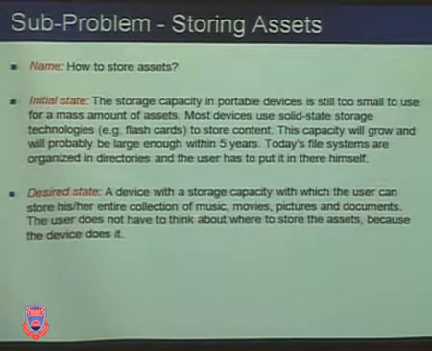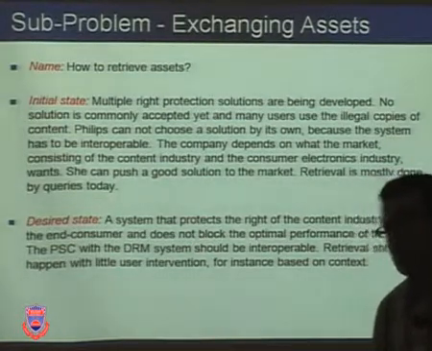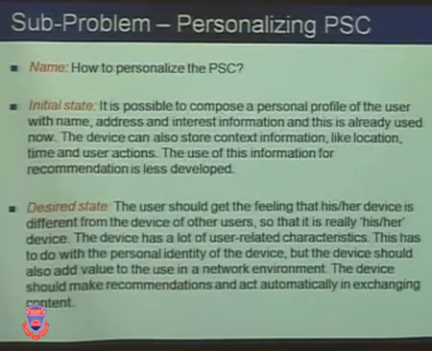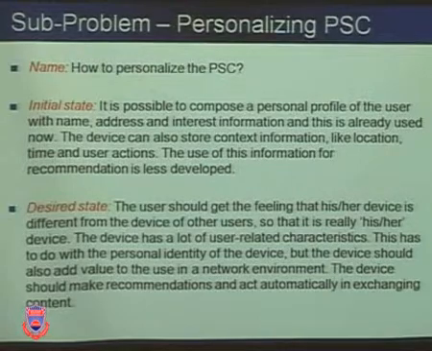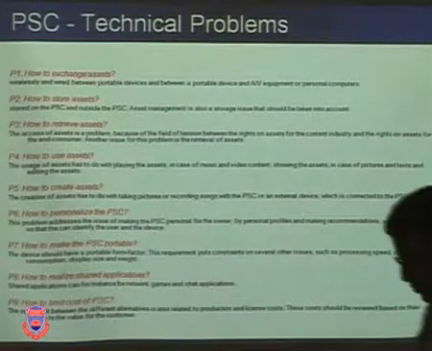The user does not have to think about where to store the assets. So just an explicit problem description. How to retrieve assets in a similar way. How to personalize.